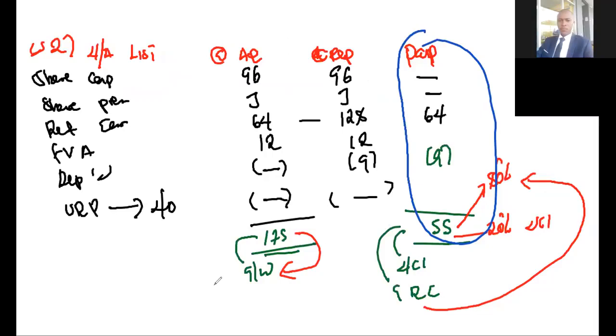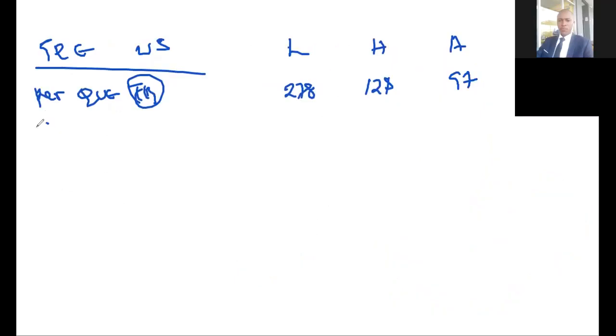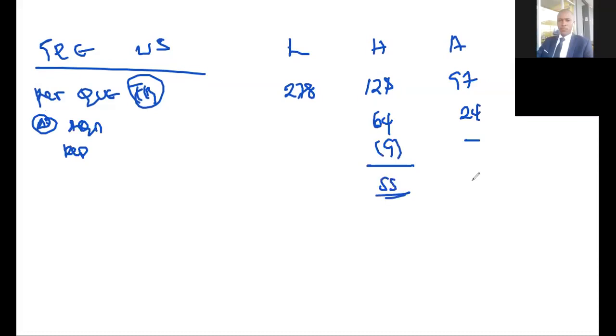At acquisition, we've got 64 here, we've got 24. Then we've got depreciation, here we've got 9. Here we've got 55. How much do we have?